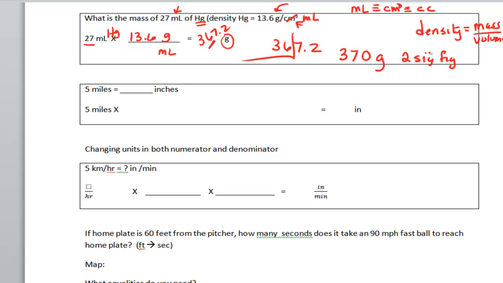The next one goes from miles to inches. And you probably do not know how many inches are in a mile, but you might think about what you do know, and you might be able to take miles and convert them into feet, and then feet into inches.